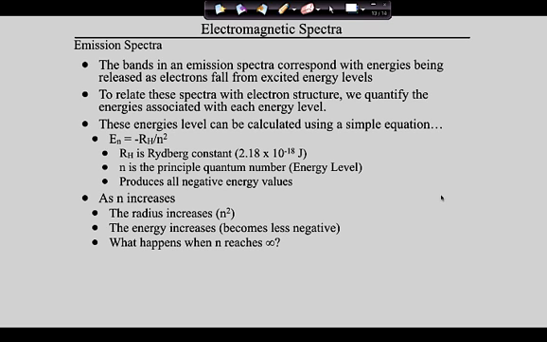Energy goes to 0. And that's the point at which we say the electron is no longer associated with the nucleus, and that is the same as ionization energy. Do you buy it? You picking up what I'm laying down? So guys, you all caught up?